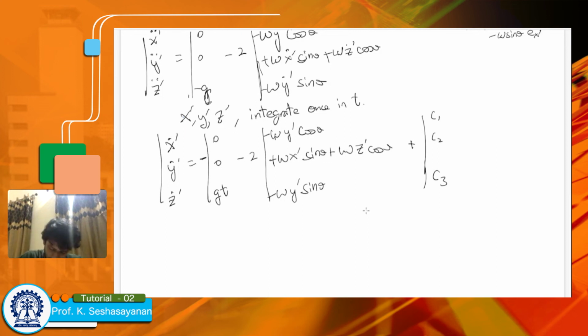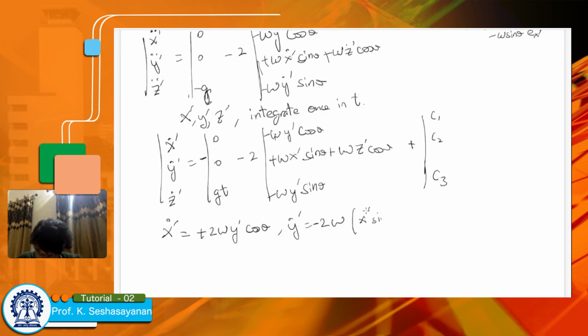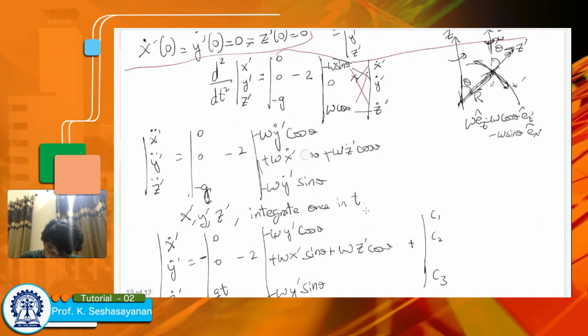What we can show is that x prime dot is nothing but plus 2 omega y prime cos theta, and y prime dot is minus 2 omega times x prime sin theta plus z prime cos theta, with the constants h and x prime.